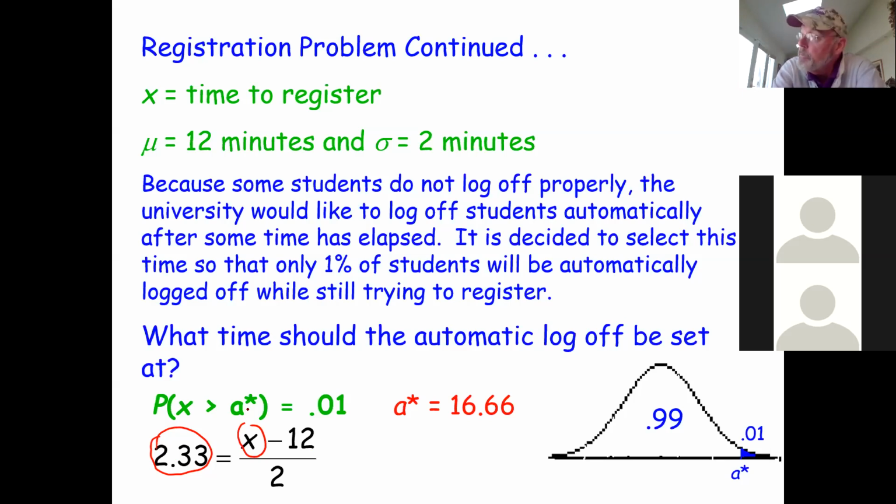So would it be reasonable to shut the student off after 16.6 minutes if we knew that the mean was 12? That might be reasonable if we want to get more people on and through the registration.